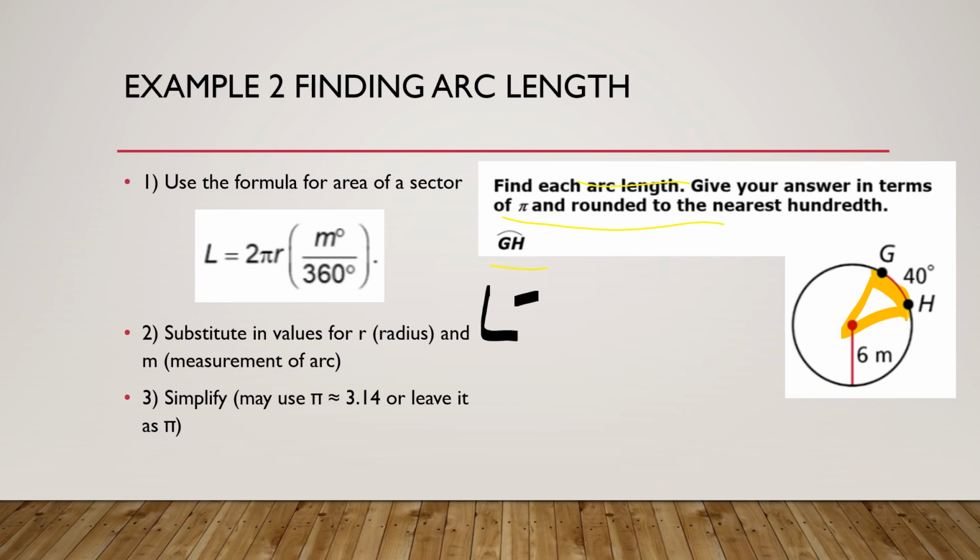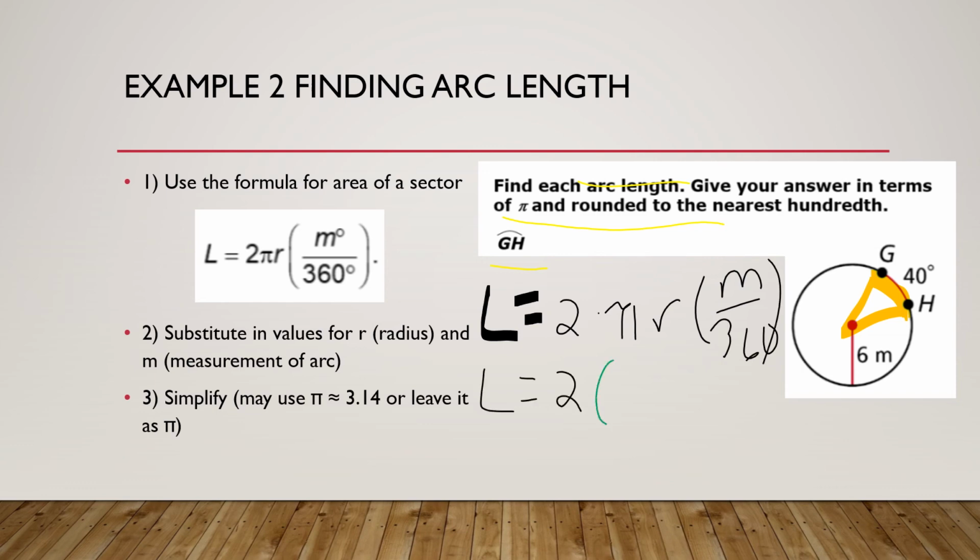So length is equal to 2 times pi times r times measurement divided by 360. So length is equal to 2 pi. Again, we're going to use 3.14. Remember, sometimes the parentheses make it a little bit easier when we're doing the multiplying.